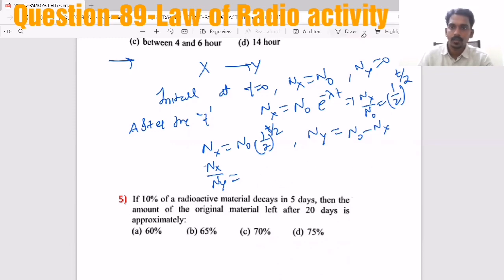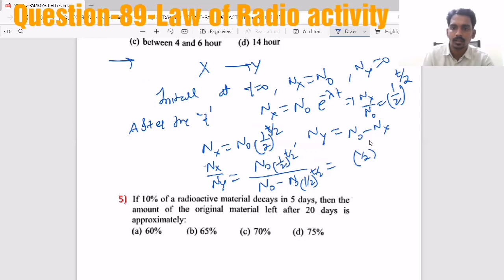See here, Nx is N naught into 1 by 2 whole power t by 2, by Ny, which is N naught minus Nx. Taking N naught common, it will get cancelled: 1 by 2 whole power t by 2 by 1 minus 1 by 2 whole power t by 2.